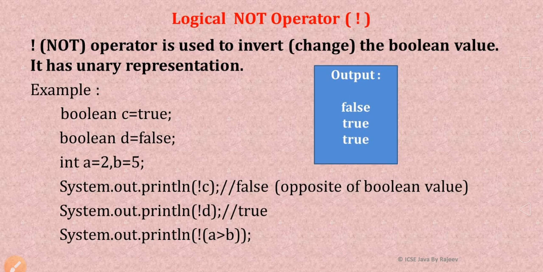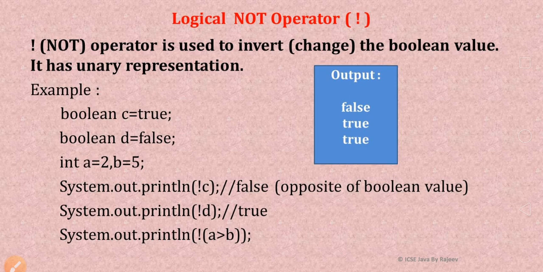Boolean C equal to true and D equal to false, and two integer variables A equal to 2, B equal to 5. So C is holding true, not C will be false. D is holding false, so not of D will be true. As I already told, if it is used for a false value, the output will be true. If it is used for a true value, the output will be false.